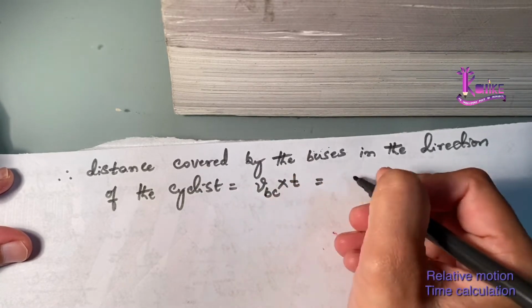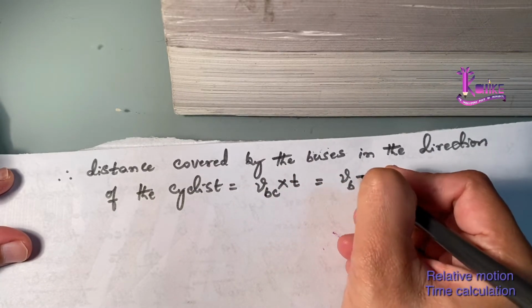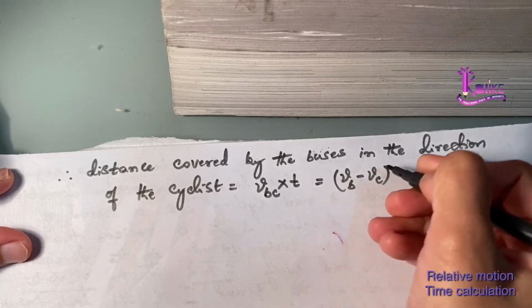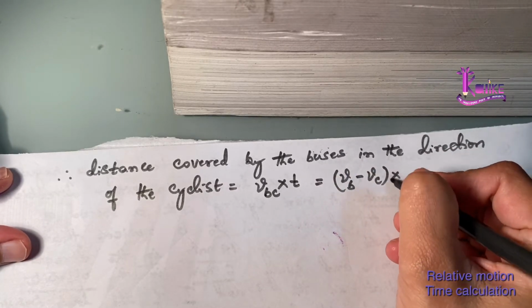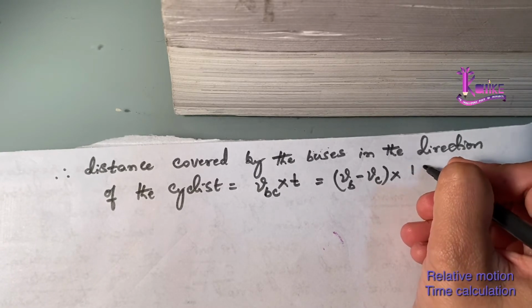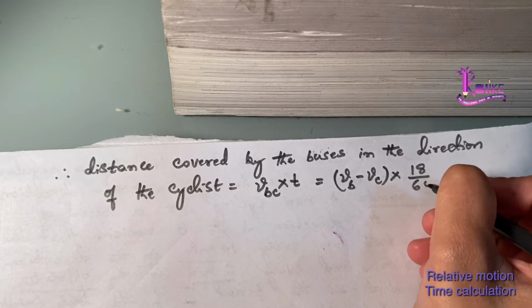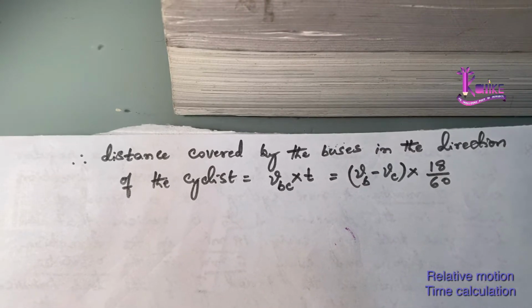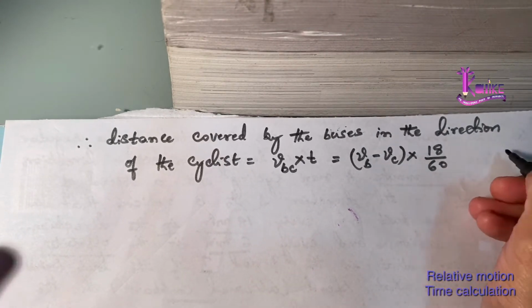So what is the velocity? By definition, it is VB minus VC. And what is the time it takes to cross the cyclist? It is simply 18 divided by 60, right? So this is the actual distance, the kilometers covered actually.